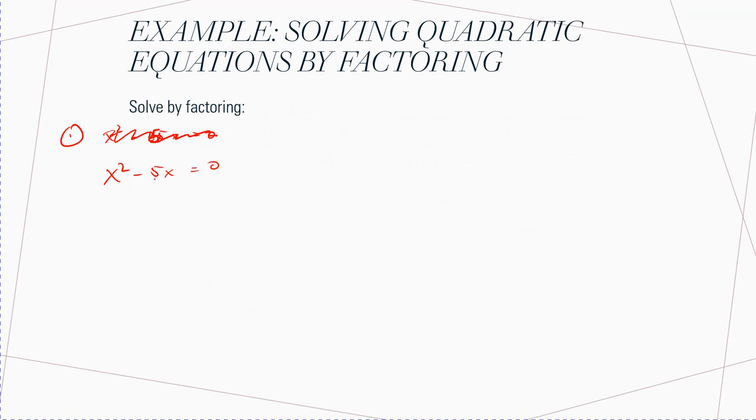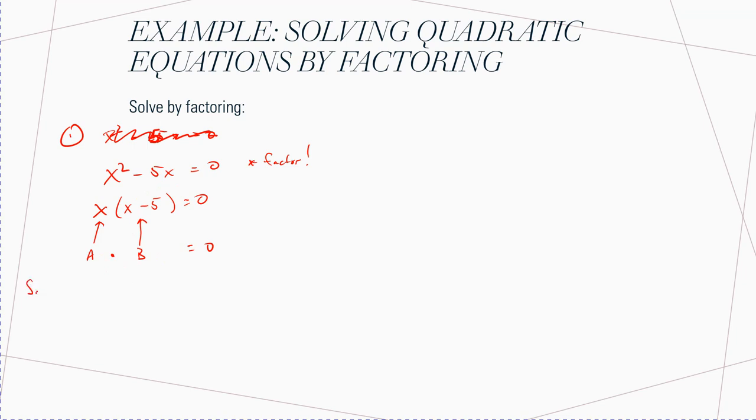So the first thing you're going to do is factor completely. Notice what I can factor out here. I can just factor out an x, and then I'm left with x minus 5 is equal to 0. Notice how I have something times something equals 0. This right here is my a, and this right here is my b, and it's equal to 0.